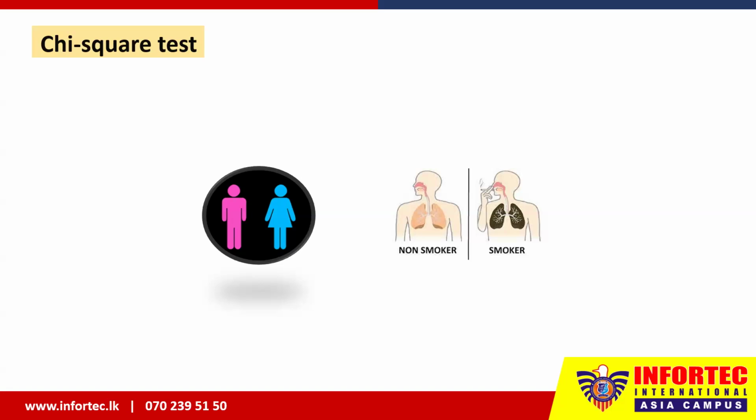Yes. If you have categorical variables, you can use chi-square. What is the objective, the purpose of conducting chi-square? Because for each test, you should be familiar with the objective or the purpose of that test.